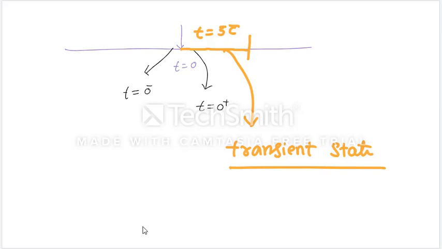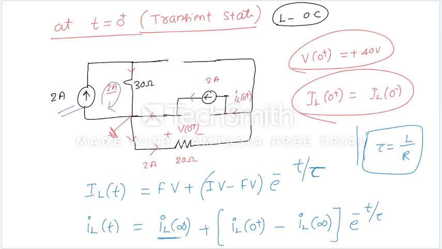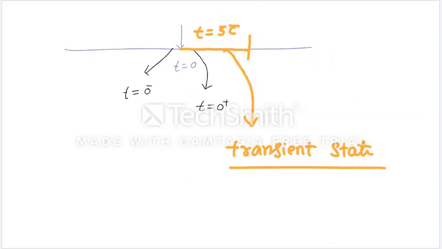This thing we did. So now you see this here, and up to this 5 time constants only, the inductor and capacitor will completely discharge. After that there is no energy for this network, then how will this network appear after 5 time constants?